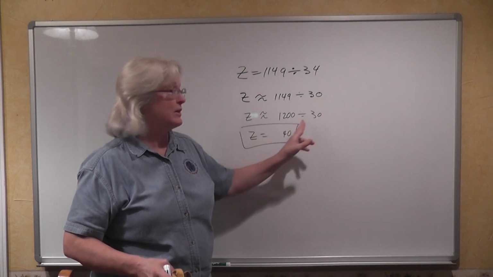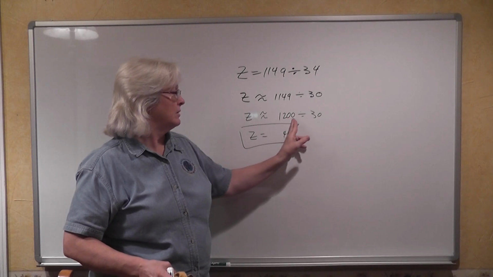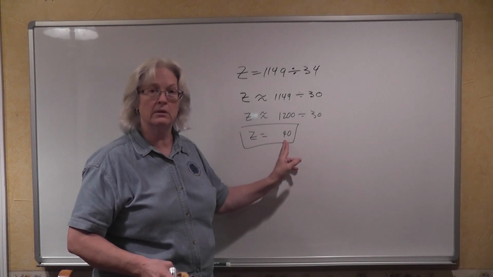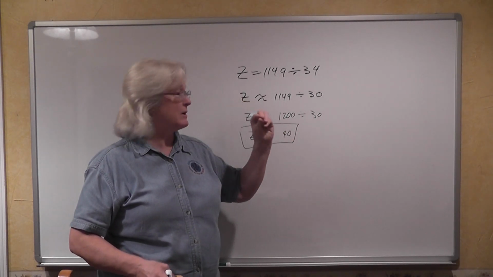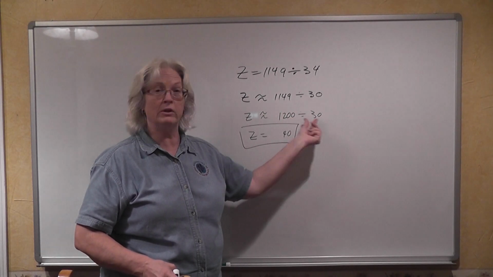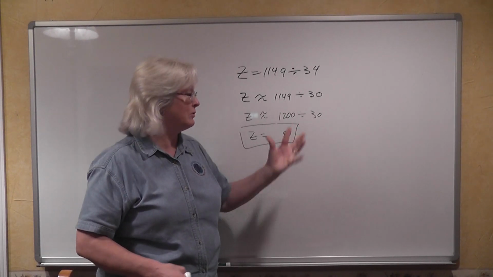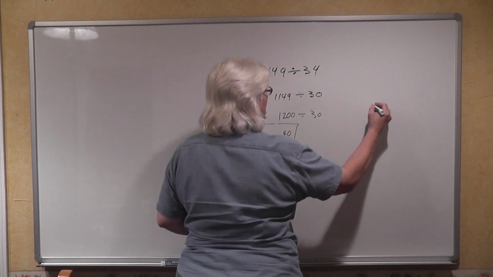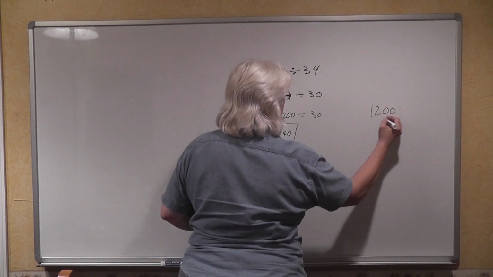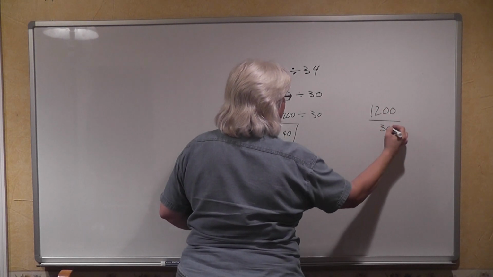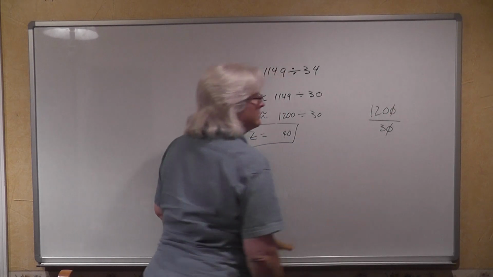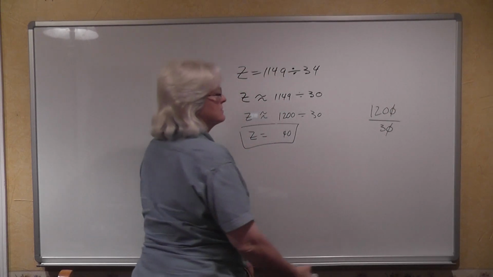12 divided by 3 is 4. 100 divided by 10 is 10. So again, that's mental math and an understanding of when you have zeros at the end of your numbers. If you can't do what I did, that's just fine. 1,200 divided by 30, you cancel your 10s.